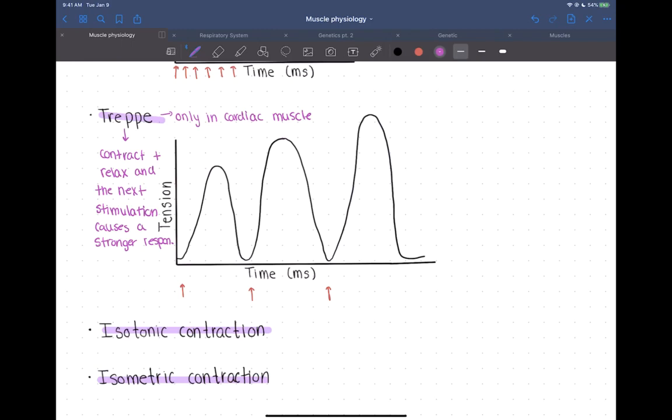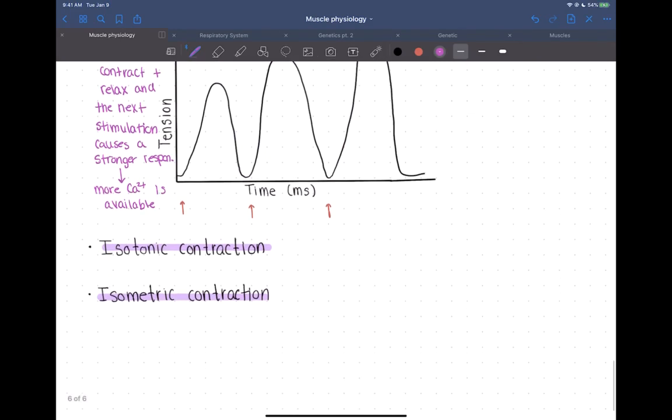All right, so this is because more calcium is available. So that's treppe. Again, treppe specific for cardiac muscle, right? Not seen in skeletal muscle.